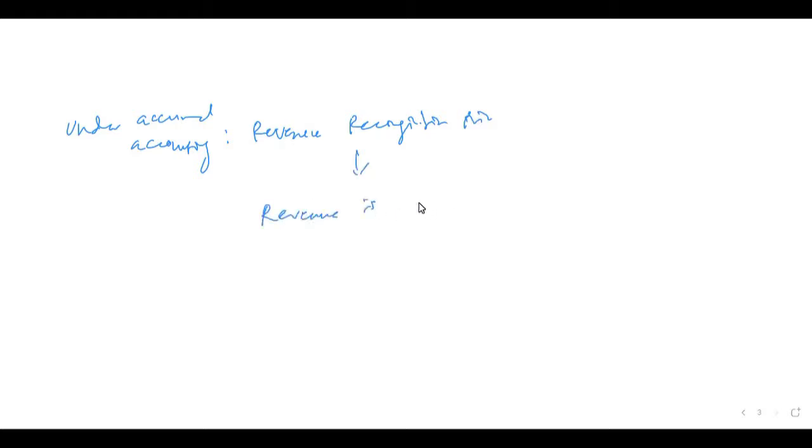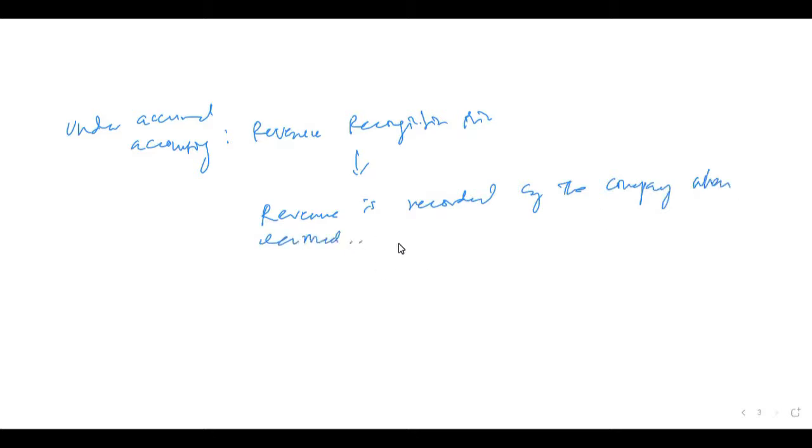Under accrual accounting, we have this principle called the revenue recognition principle. This principle basically tells us that revenue is recorded by the company when earned.